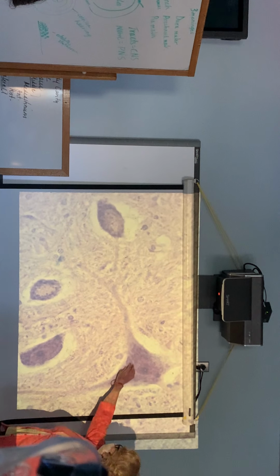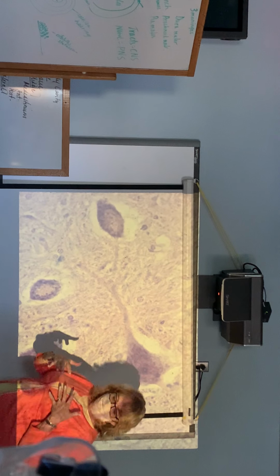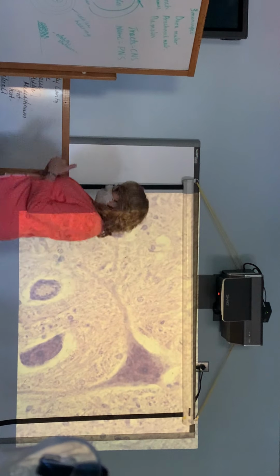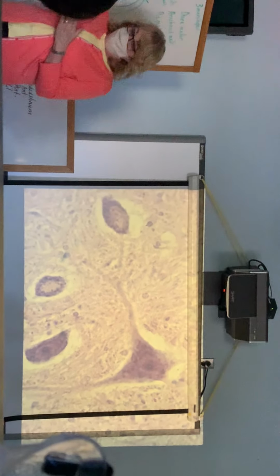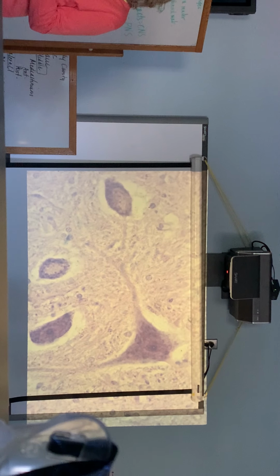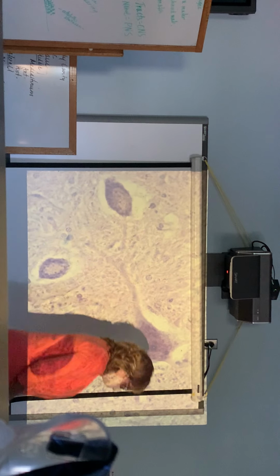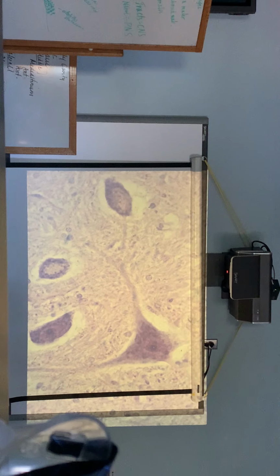There's lots of Nissl substance in this, and I think I've got that listed on the sheet I handed out. That is the endoplasmic reticulum, so that is Nissl. Look on your sheet.